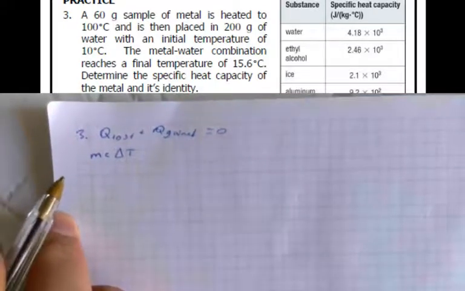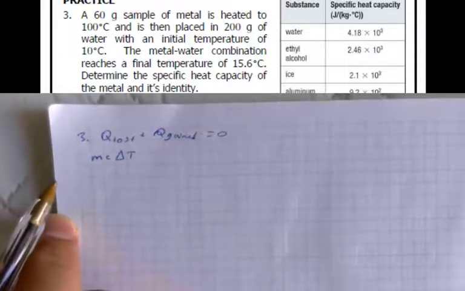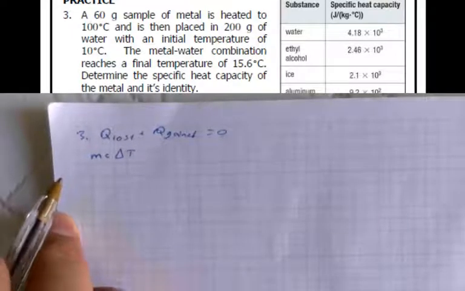So the 60 gram metal goes from 100 Celsius, and then we have water at 10 Celsius. So the metal is going to lose energy. So mc delta T of the metal, the water is going to gain.